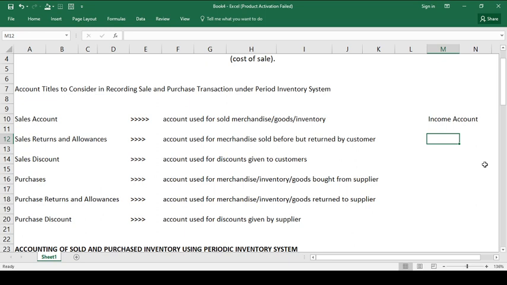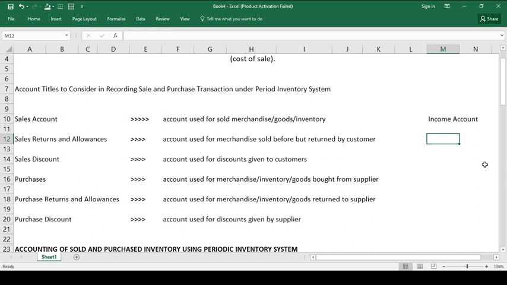Sales returns and allowances naman, this is an account used for merchandise sold before. Ibig sabihin, naibenta noon. Kaso, it was returned by customers. Probably, it was returned because of certain defects that the customer saw upon arrival to its destination.